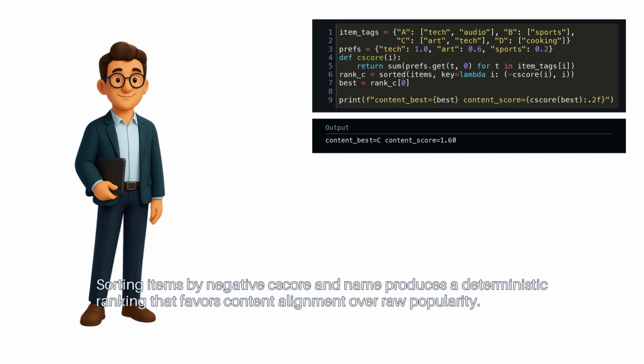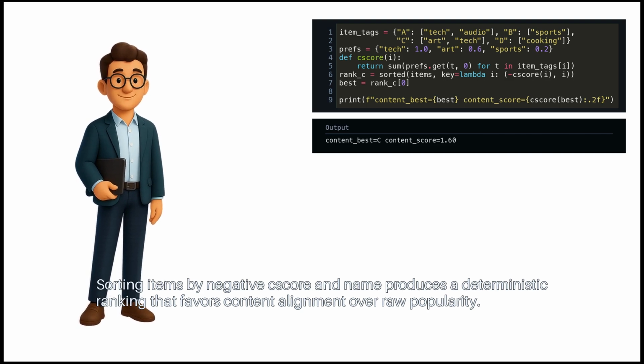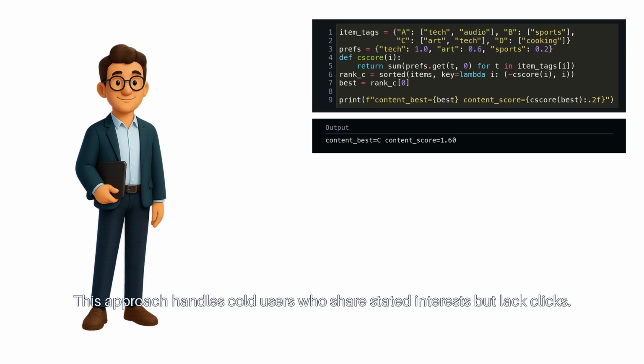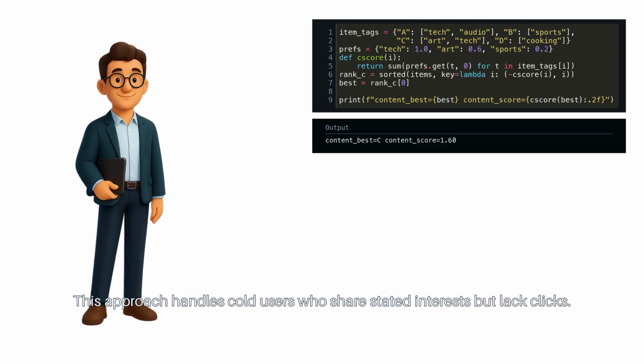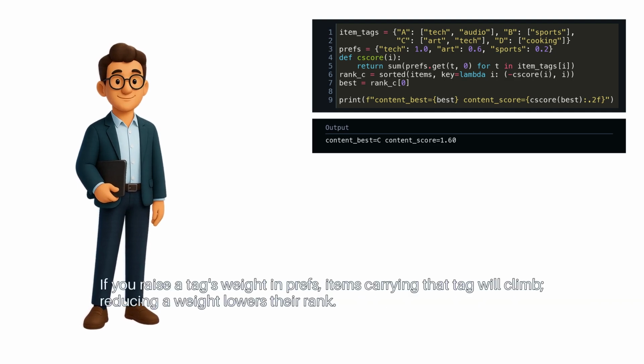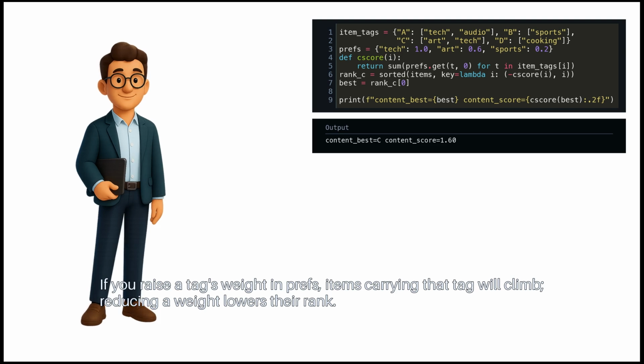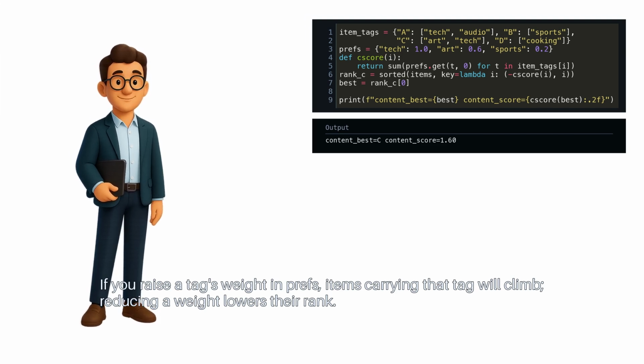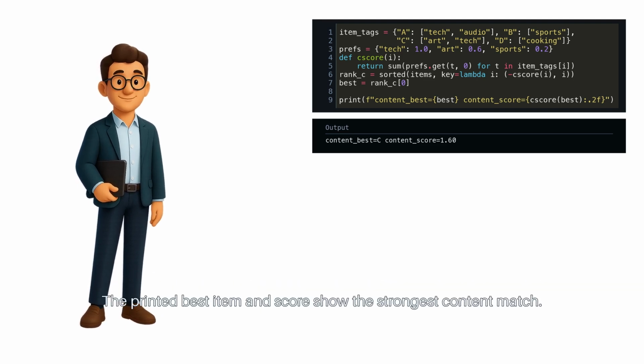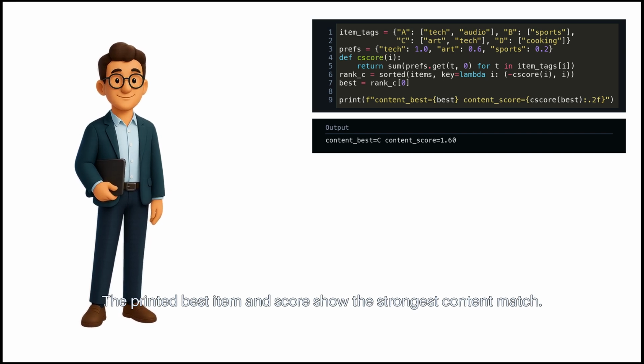Sorting items by negative cscore and name produces a deterministic ranking that favors content alignment over raw popularity. This approach handles cold users who share stated interests but lack clicks. If you raise a tag's weight in prefs, items carrying that tag will climb. Reducing a weight lowers their rank. The printed best item and score show the strongest content match.